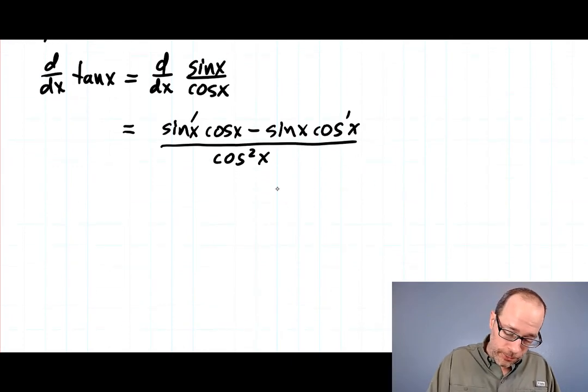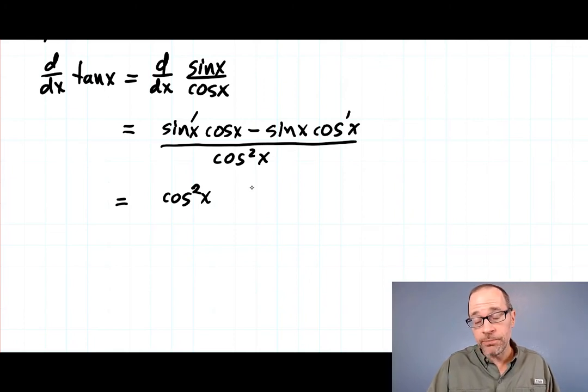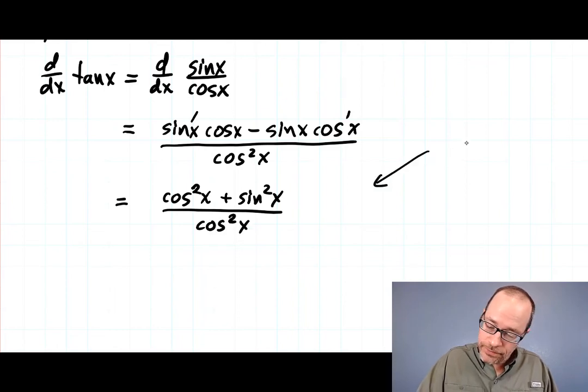And we already know that the derivative of the sine is cosine, and so there'll be two of them, so cosine squared x. And the derivative of the cosine will be minus the sine, so I'll get minus minus, so I'll get sine squared x, all over cosine squared x. And here you have to remember this other trig identity that says sine squared of x plus cosine squared of x is 1.